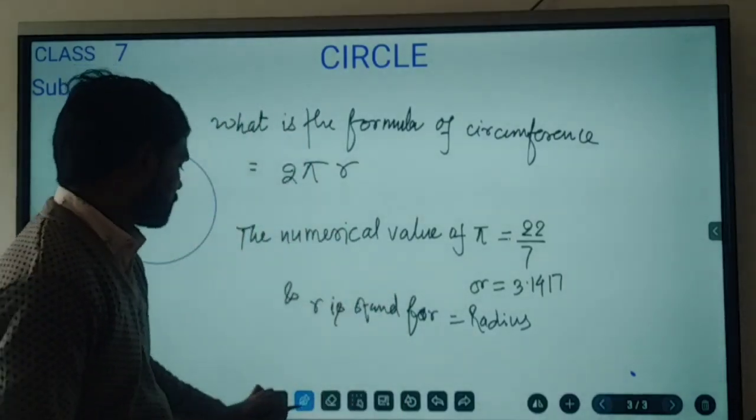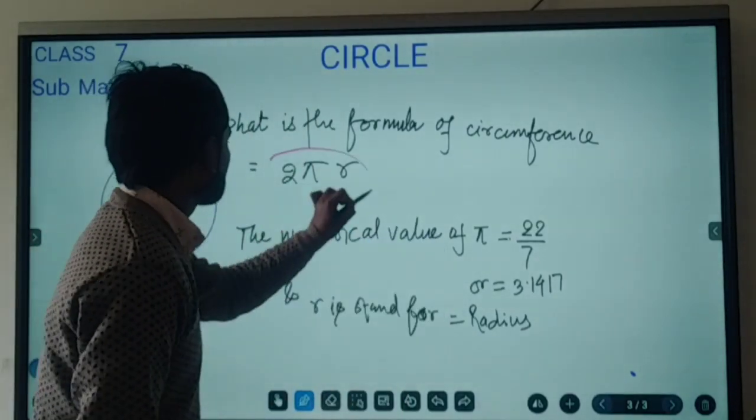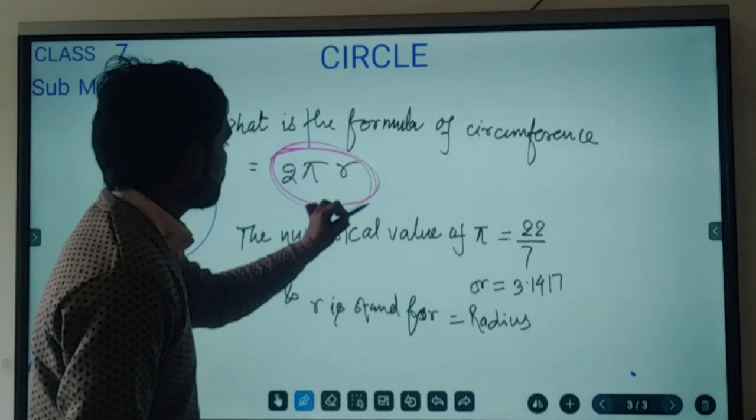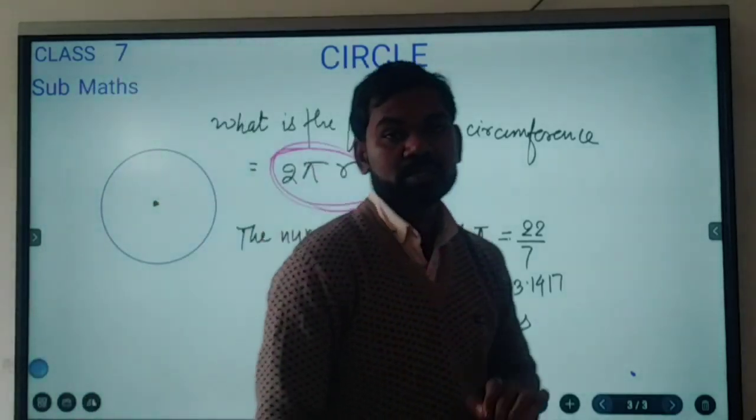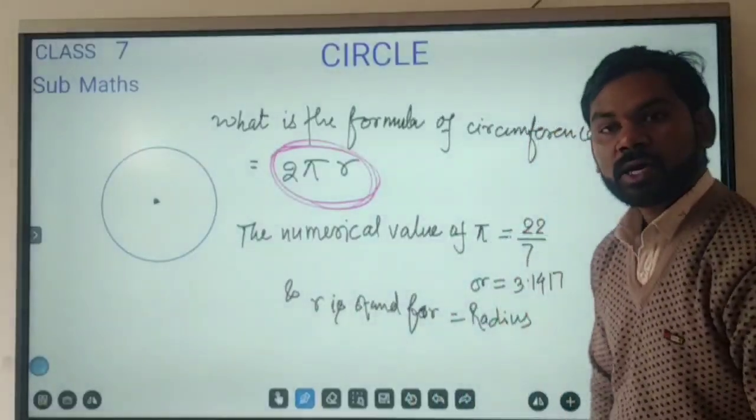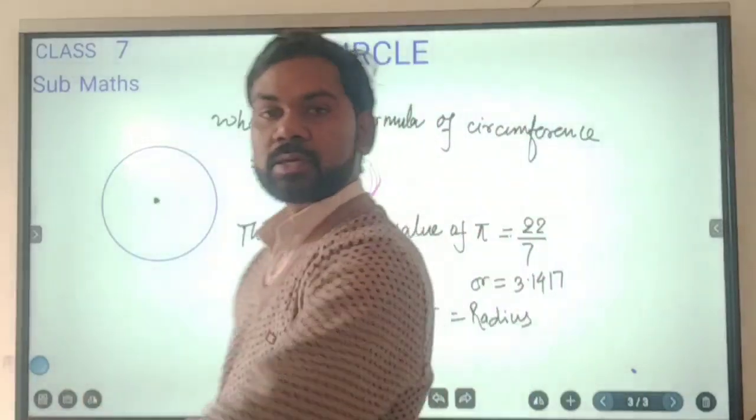So this represents the formula for the circumference of a circle, and I hope this one is clear.